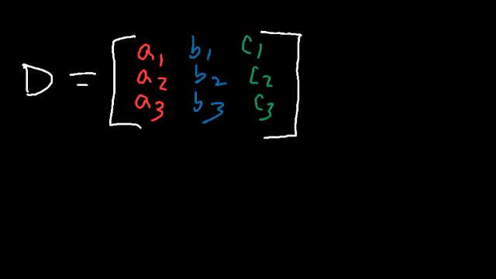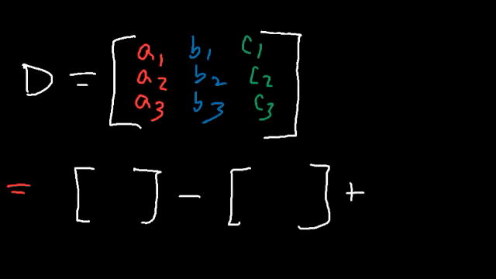What we need to do is break down the 3 by 3 matrix into 3 smaller 2 by 2 matrices. So this is going to be equal to 3 smaller ones. The middle one is going to be negative.